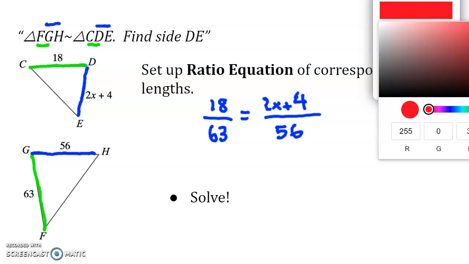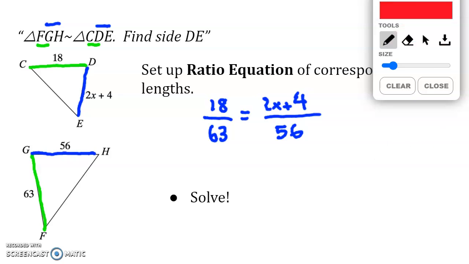Okay, when you're solving, I'm going to show you a trick. When you're dealing with big numbers, it's a lot more complicated. You want to simplify the fractions whenever possible. When you look at 18 and 63, do you see a common factor of both 18 and 63? It's 9, right?